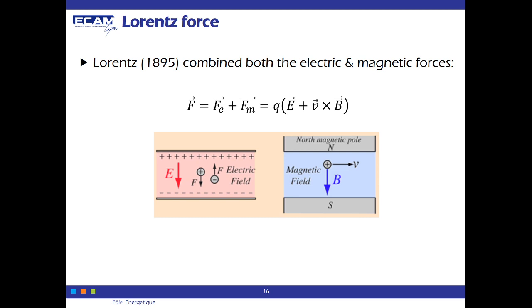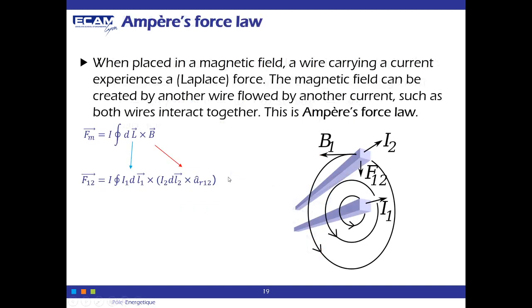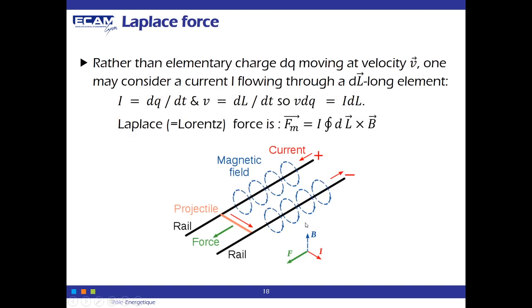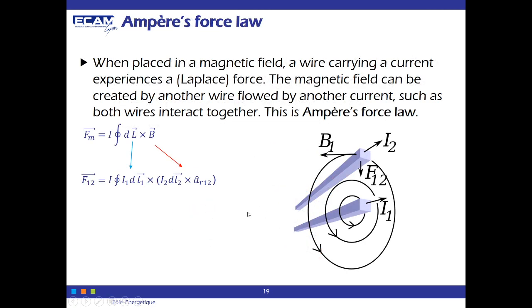If you know the microscopic effects, you can find out the macroscopic systems. So by heart, definitely for the Lorentz and Laplace forces, you should know this one. Voila. Because you can obtain the others by using your understanding and the right-hand rule.